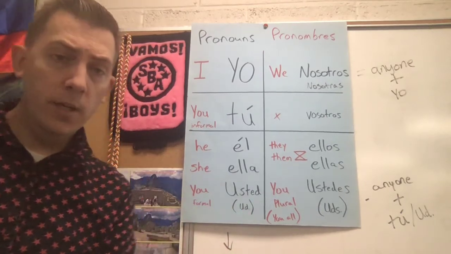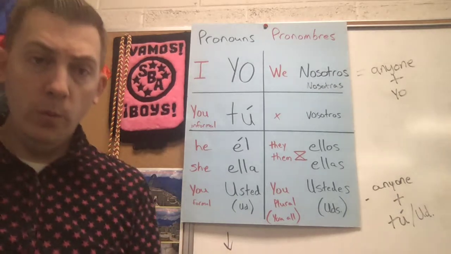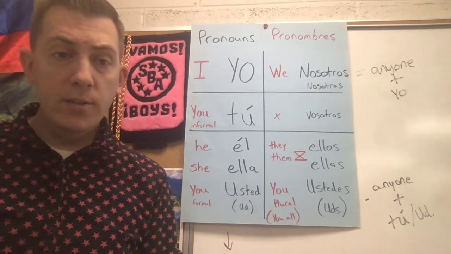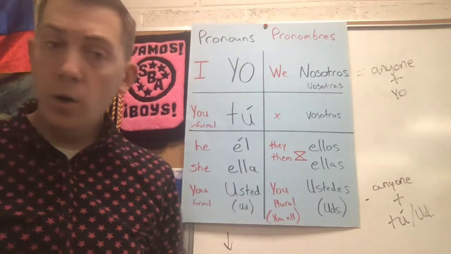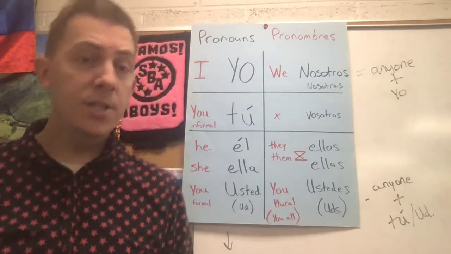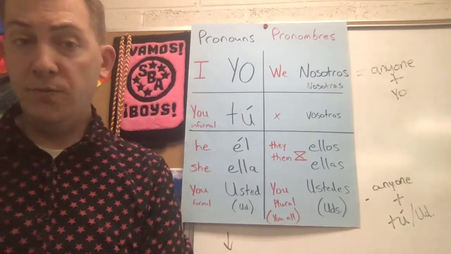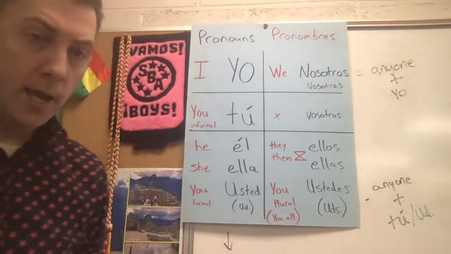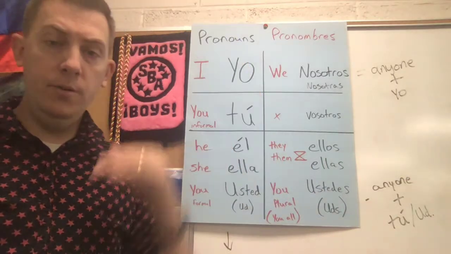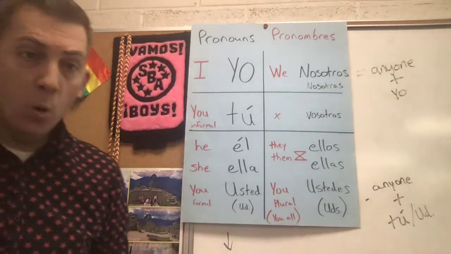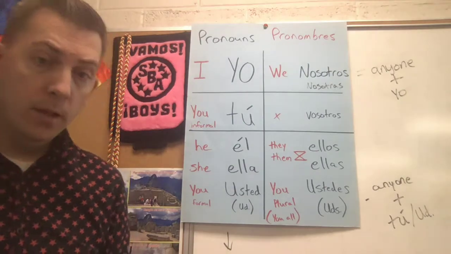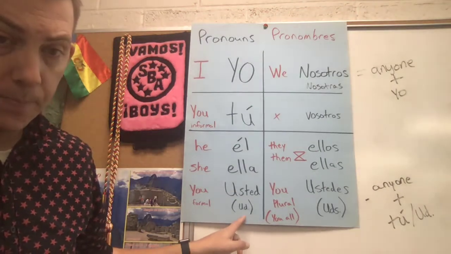Now, this one, like it says, formal you. This is what you would use talking to older people older than you, or people in a higher position, such as your teacher, your boss, your supervisor, the principal, okay? People older than you. It's that respect your elders kind of thing. So, usted. When in doubt, people, use the usted. When in doubt.